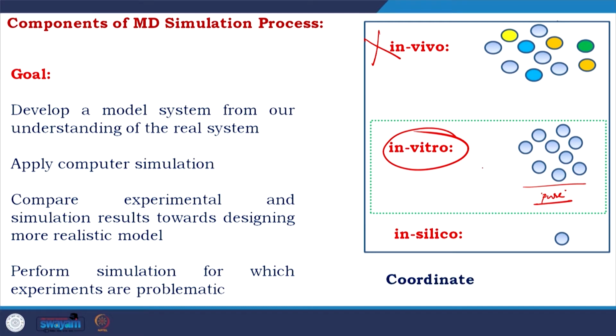So, this is the macroscopic system and this is the microscopic scale, and then you have the coordinates, so that when you are performing simulation, you actually control the mass and the position, and then you apply the force field.